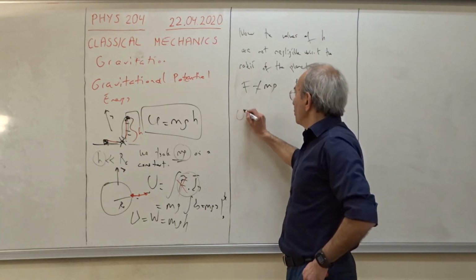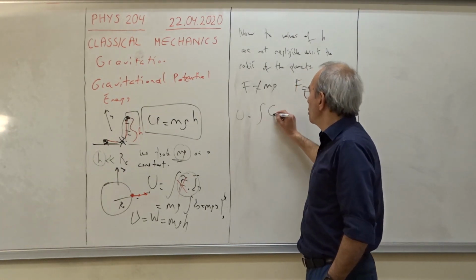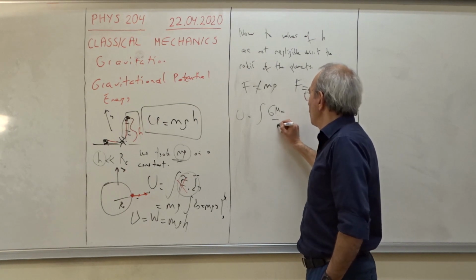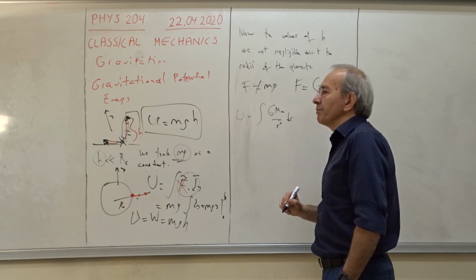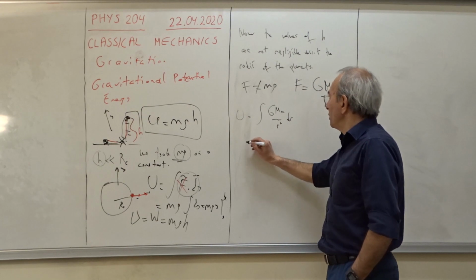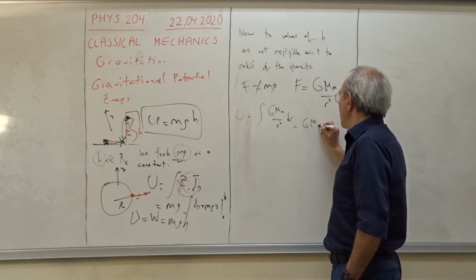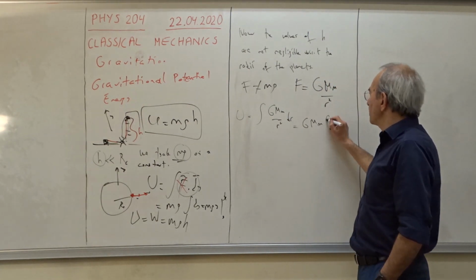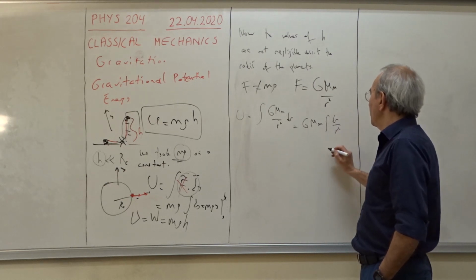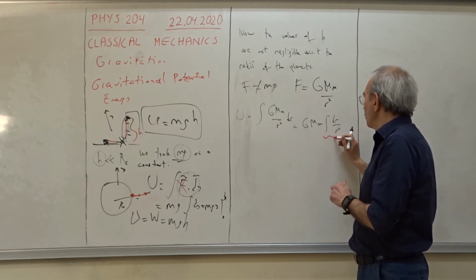So that potential energy can be written as the integral of GMm over r squared multiplied by dr, and therefore we take GMm outside, but minus dr over r squared turns out to be minus 1 over r.